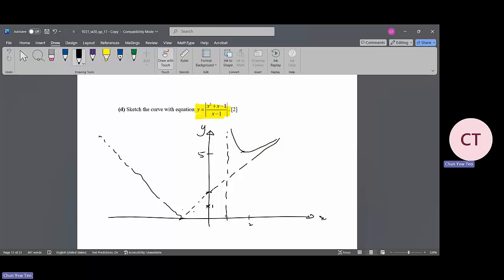So your graph should be like this. Reflect goes up and reflect goes up. Goes up like this.